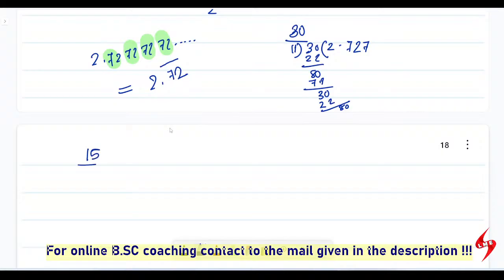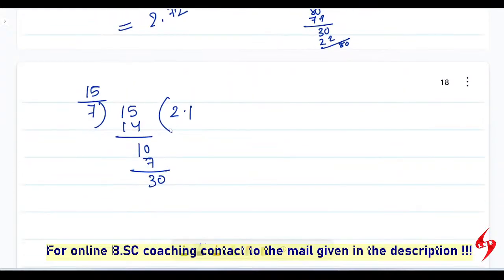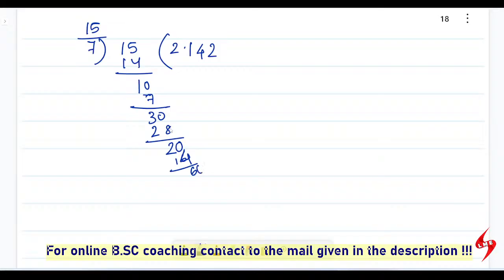Another one is 15 by 7. 2, 14, 1, 0, 1, 7, again 3, point, 4, 28, 2, 0, 6, again 4, 0, 6, 4, 0, then again 5, 35, again 50, 7, 49, 1, again 0.